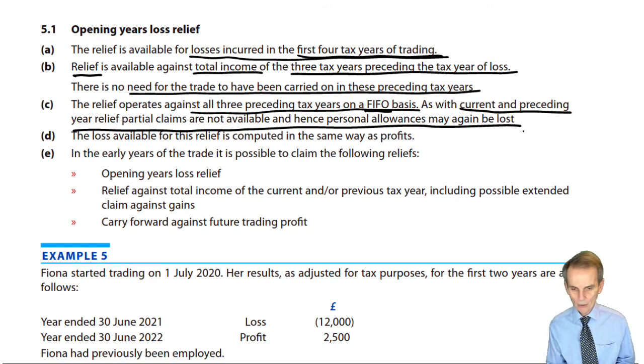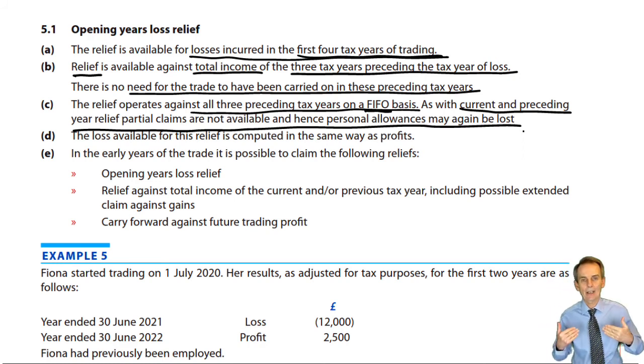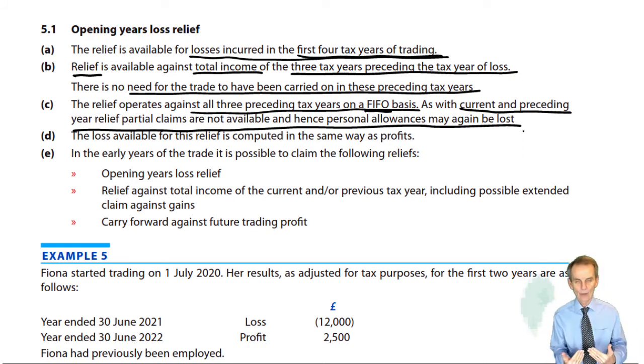If you wanted both years, you could choose the order in which you made the claim. They were separate claims. This opening year's loss relief is a single claim, and it goes against all of the preceding 3 tax years, but on a FIFO basis, so you firstly go back 3 years and set off against the total income of that tax year.